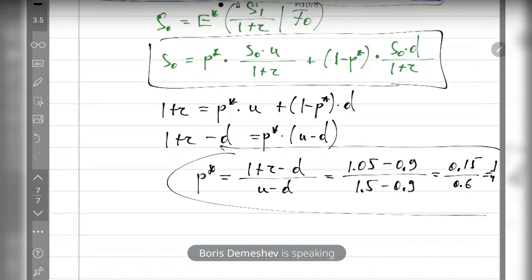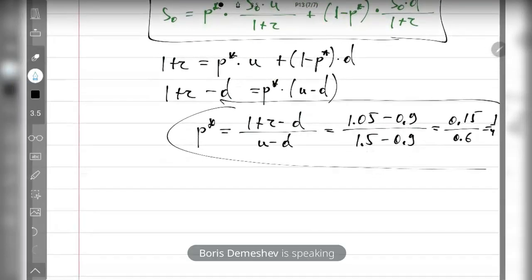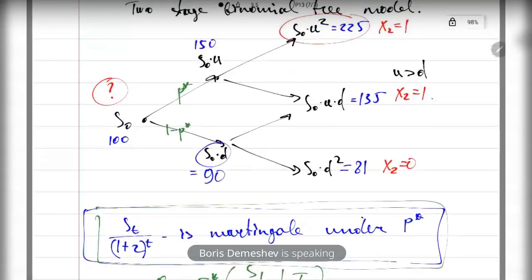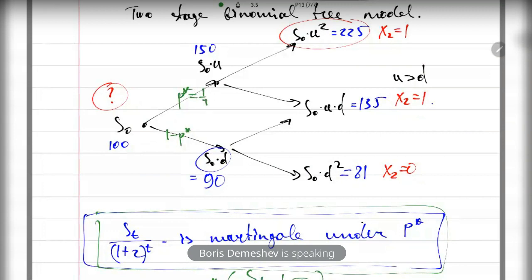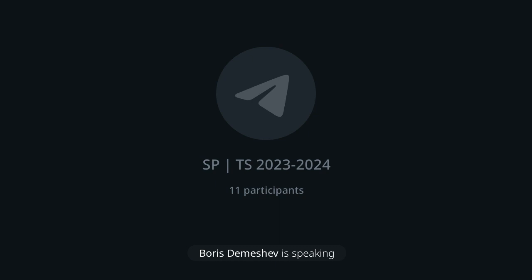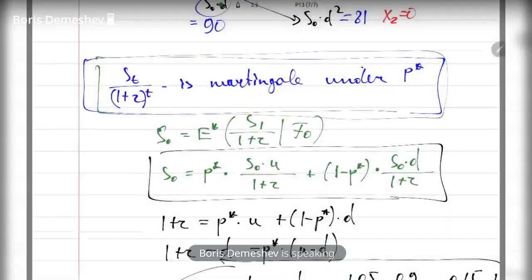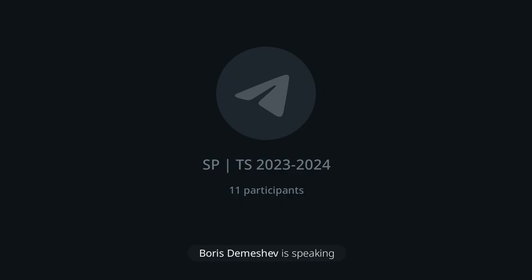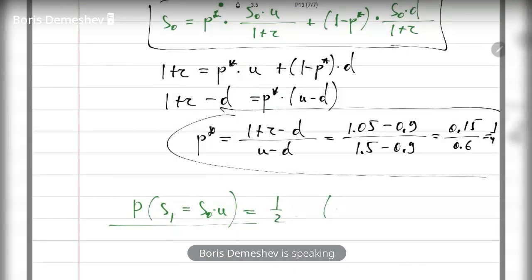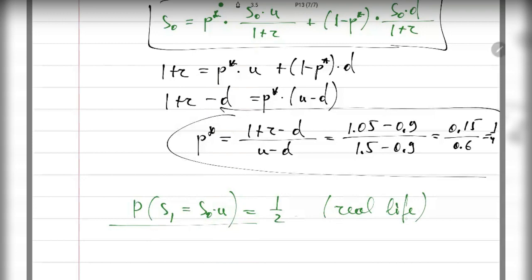So now I can calculate probabilities. On my tree, I have the green probability, the star probability, that is 1 over 4 to go up, 3 over 4 to go down. Hence I can calculate the probability of any event from two viewpoints. What is the probability that S1 is equal to S0 times u, that the share price will go up? That's just 1.2, that's real life probability.